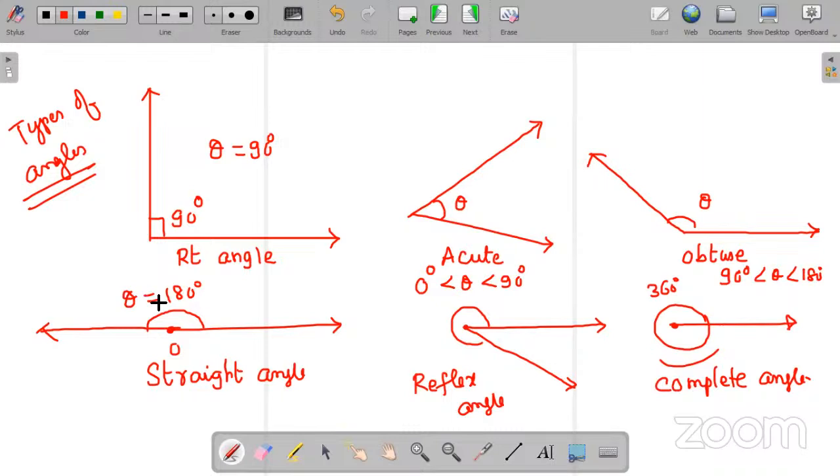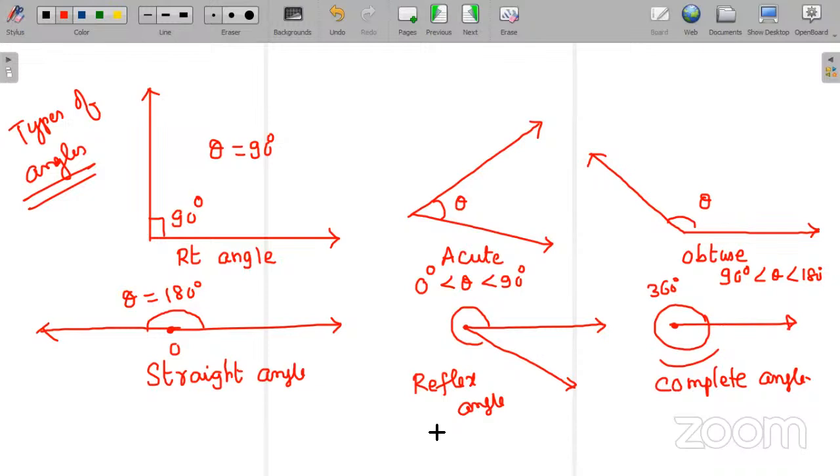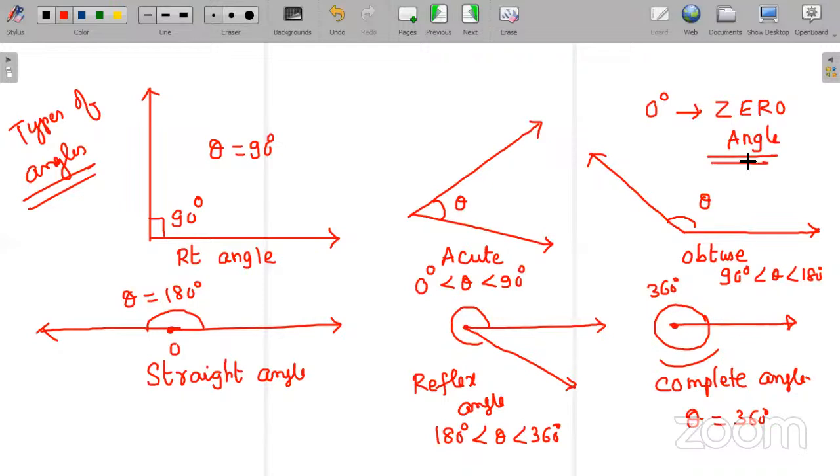Here theta is equal to 180. This we can write 180 degrees less than theta, theta less than 360. Here theta is equal to 360. So 0 degrees is called the zero angle. So all the angles we have discussed. Have you understood?